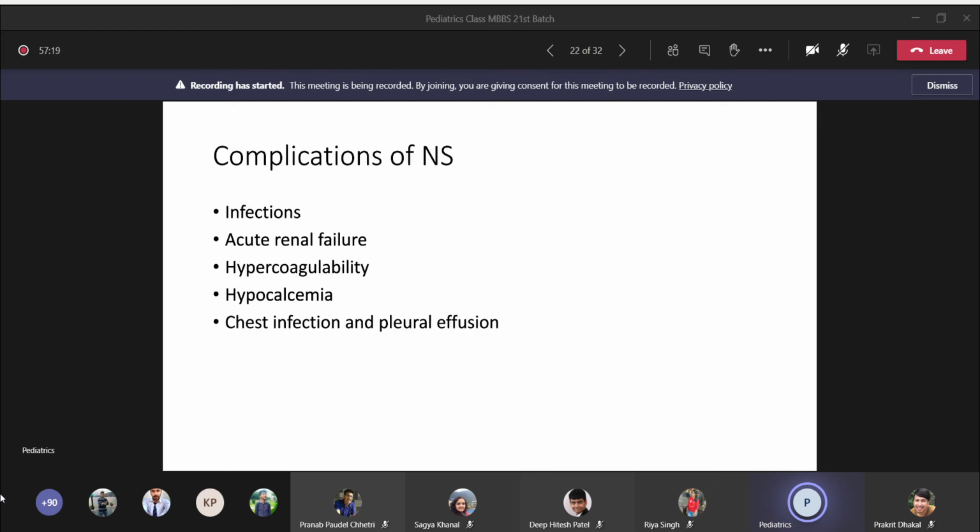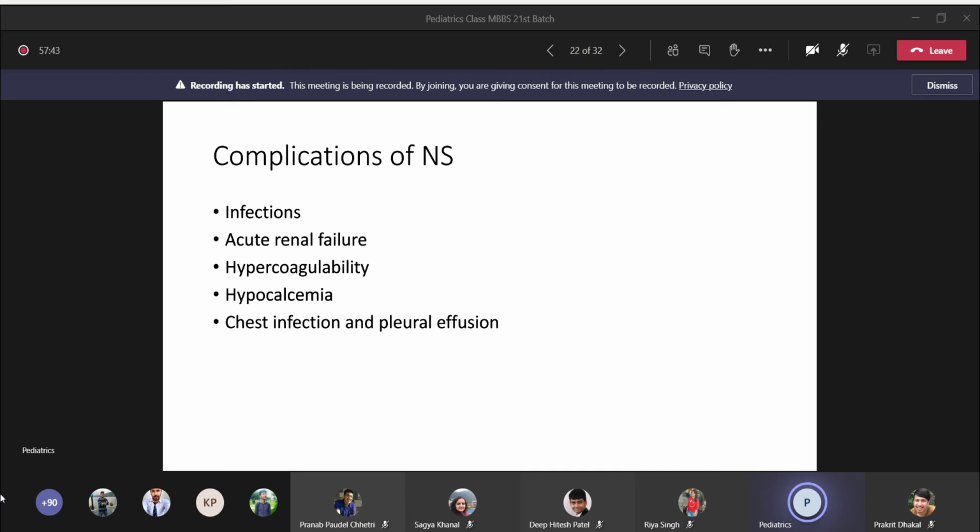Now let us come to the complications of nephrotic syndrome. I have already described the first complication, infections, and there are so many types of infections. I have already told the factors that cause infections. Then the second one is acute renal failure because of hypovolemia.